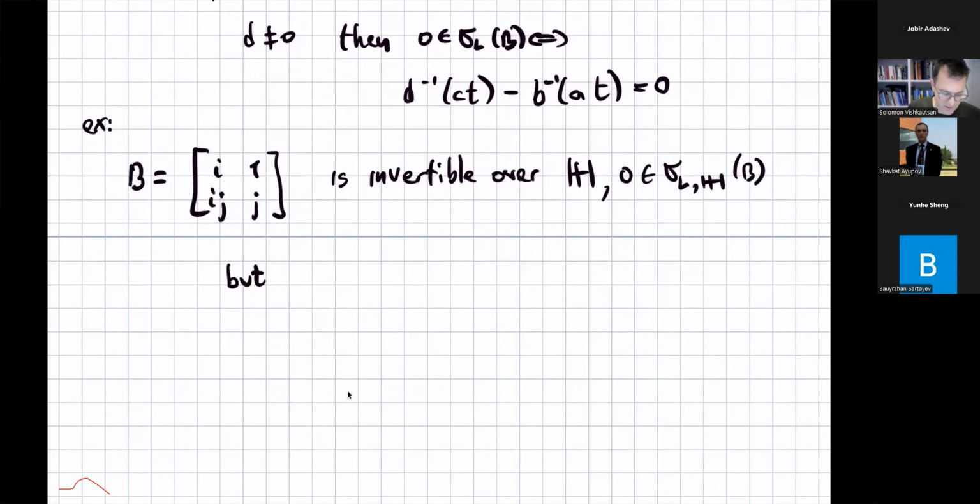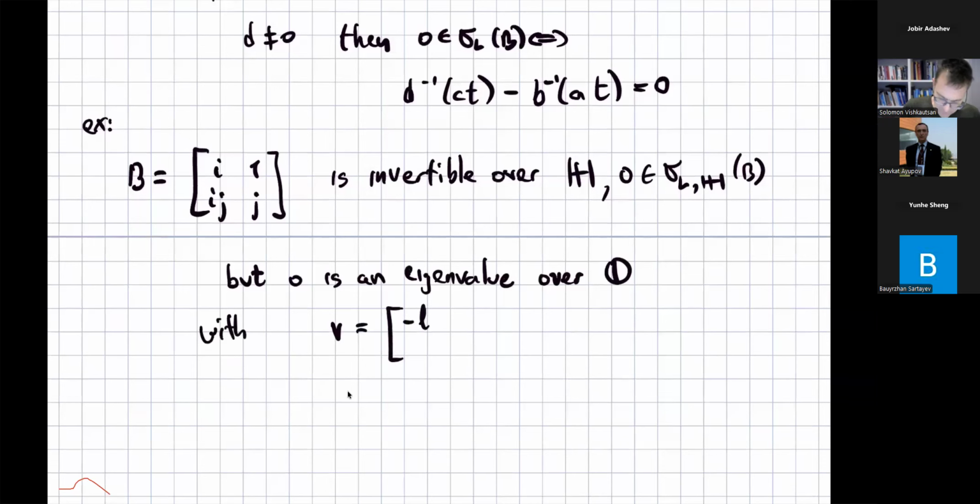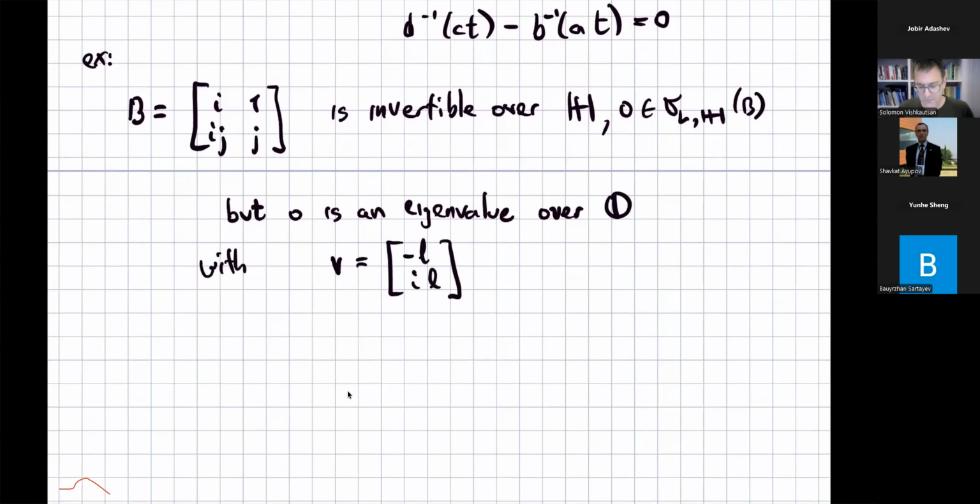But we can check that 0 is an eigenvalue over the octonions. And we can choose an eigenvector like this. Okay, so we have very strange behavior of these eigenvalues over the octonions.